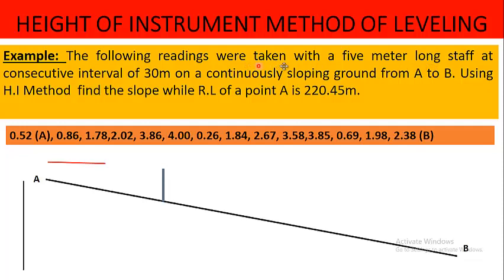Keep in mind that the staff is 5 meters long and the readings were taken at a consecutive interval of 30 meters on a continuously sloping ground, sloping from A to B. Using the HI method, find the slope, where the reduced level of point A is 220.45 meters.